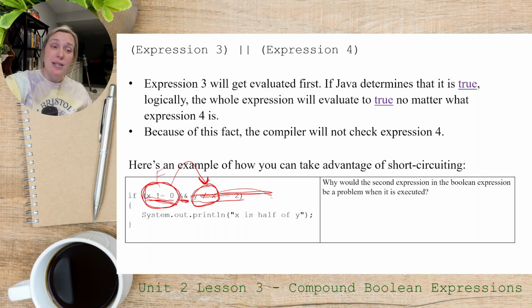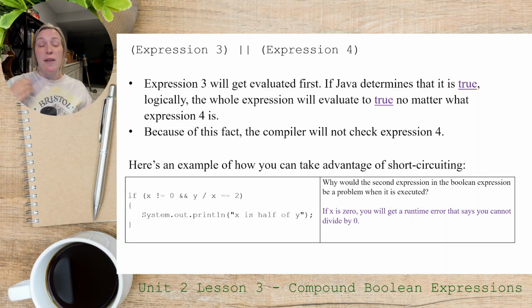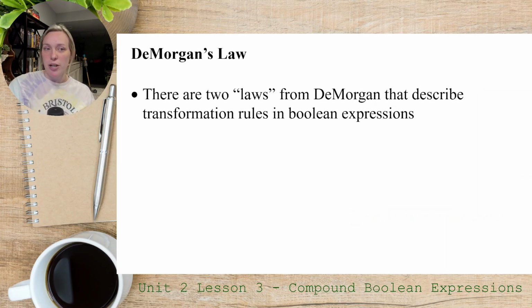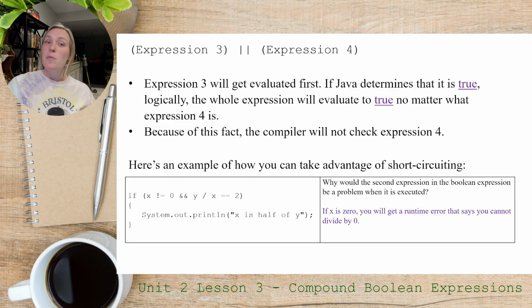So if it's false, this is never run, and I've avoided dividing by 0. And if I avoid dividing by 0, then I avoid that runtime error. And I avoided a runtime error without having to use any sort of exception handling, which we don't know how to do yet. So that would be an advantage of how in this class we could take advantage of short circuit. Otherwise, just know it. It's a logical fact that you can know.